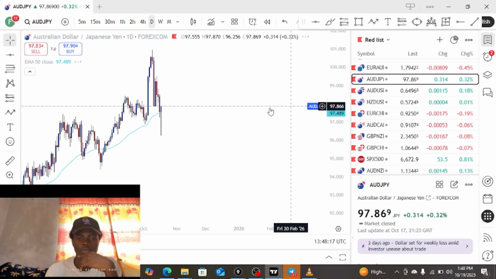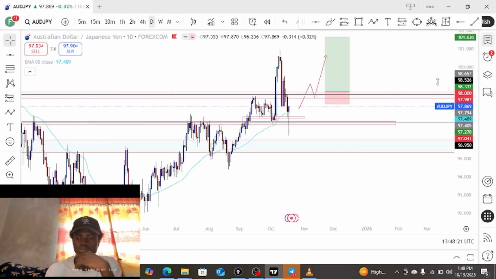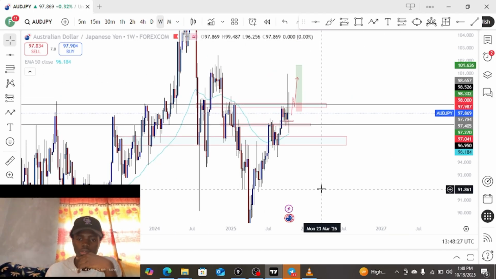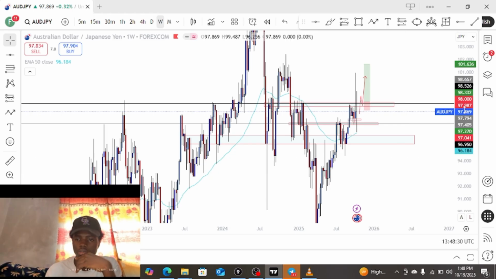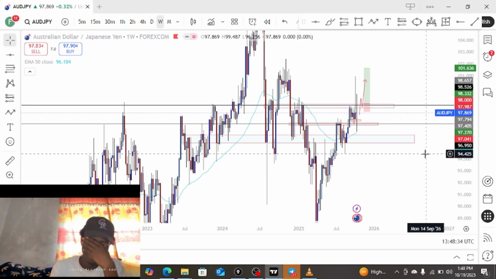The JPY. Let's go to the weekly. How should I take this trade? I'm not taking this trade. I don't know why I'm smiling. Check this out.